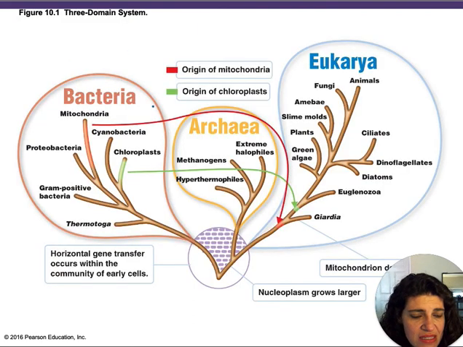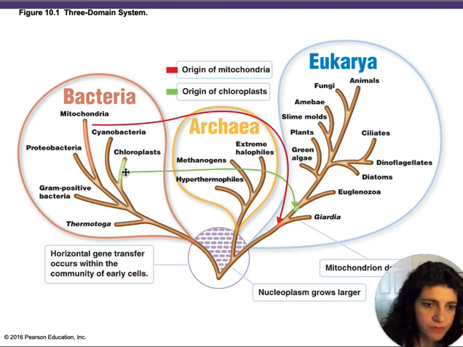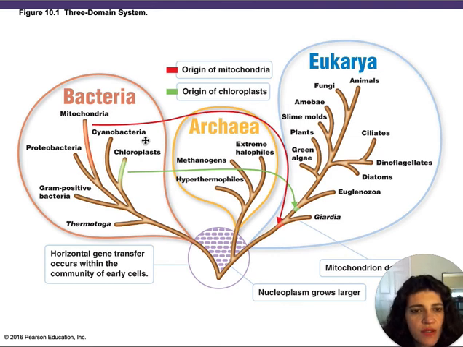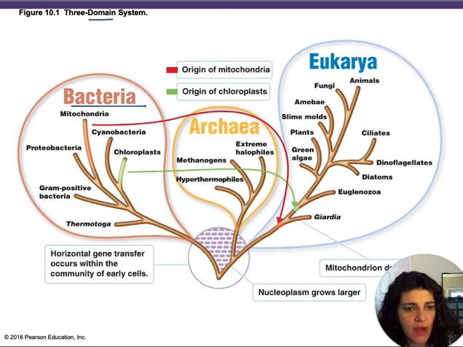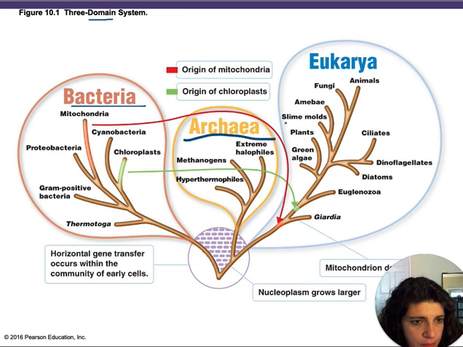This is the 3-domain system. So we have 3 groups here, and these groups are called domains: bacteria, archaea, and eukarya.